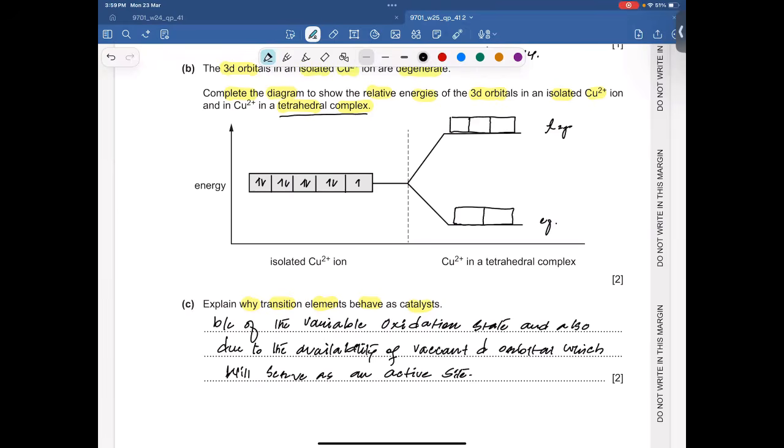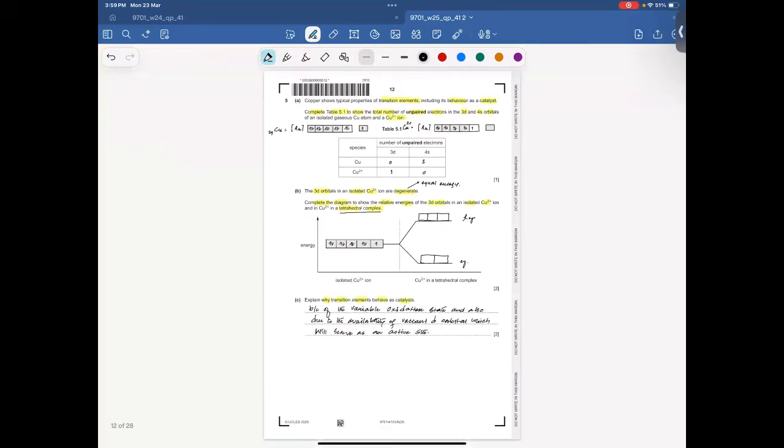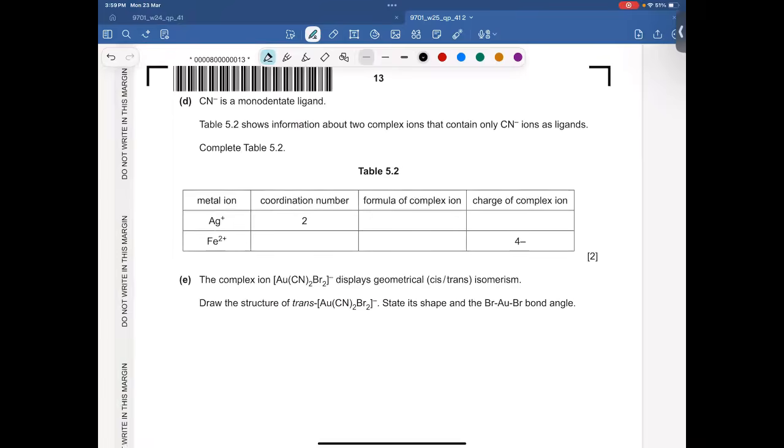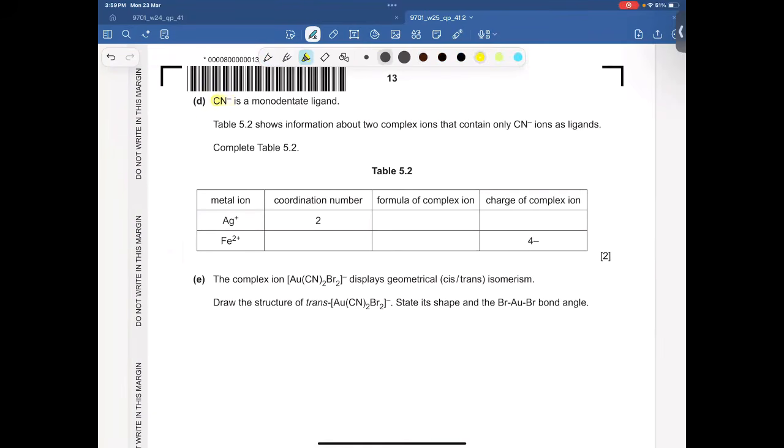All right. Next, oh, let me check. Yeah. Cyanide is a monodentate ligand. I've told you in the class. Monodentate ligands are those which donate only one lone pair to the transition metal ion. Figure 5.2 shows information about two complex ions that contain only cyanide ions as ligands.